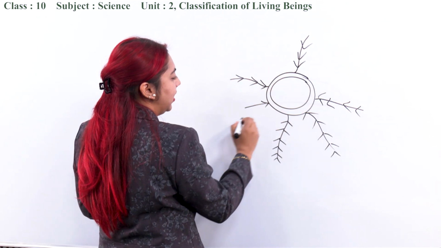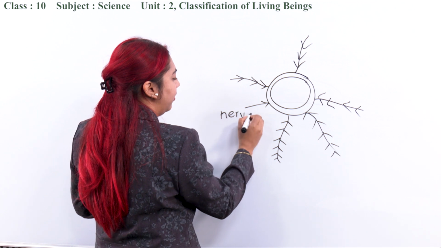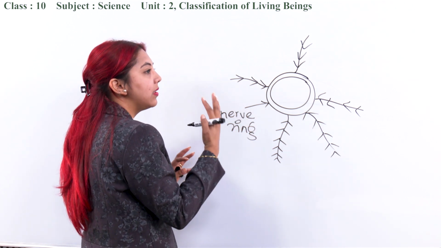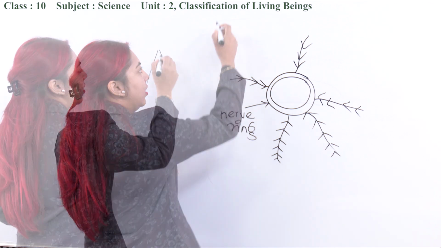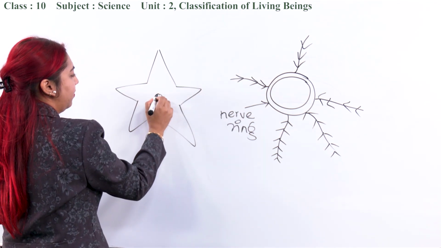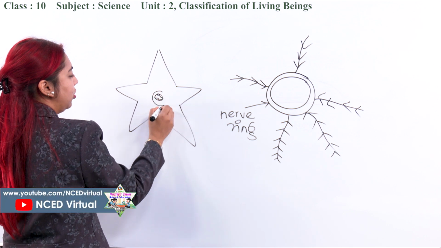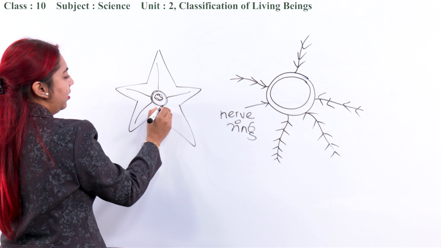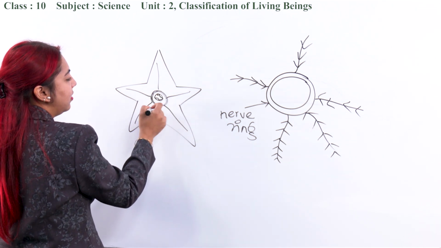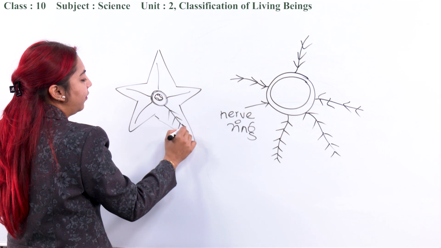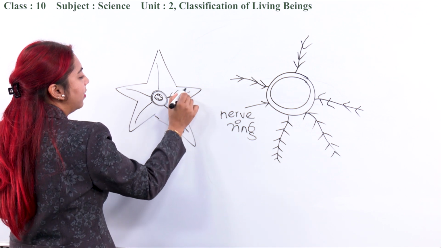Now this is the nerve ring, and it usually encircles the mouth region of the organism. So if this is the starfish and this is its mouth, then it usually encircles this region and extends a protrusion from this nerve ring. It extends and innervates each arm of the organism.